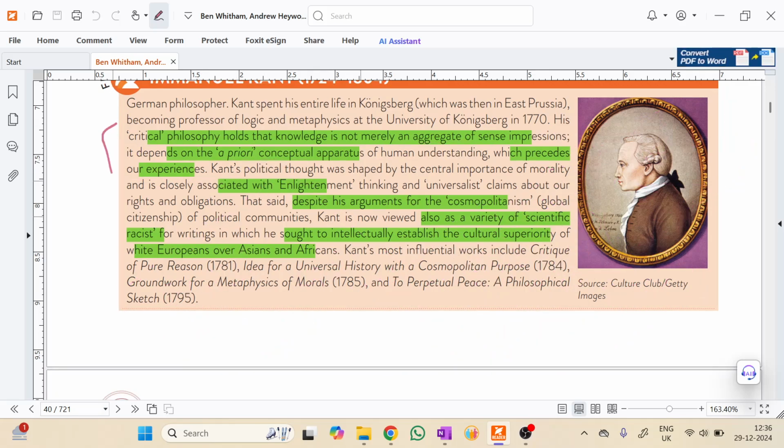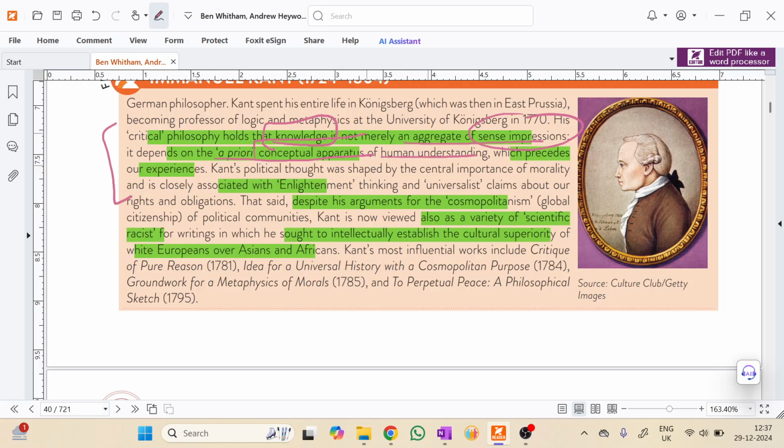And it also means another thing: knowledge of anything is not just an aggregate of sense impressions, or just sensual impression. The creation or gaining of knowledge depends on a priori concepts, the conceptual apparatus of human understanding.